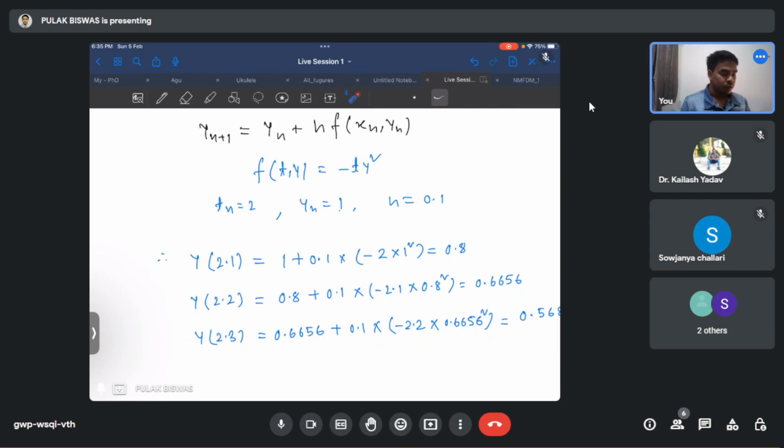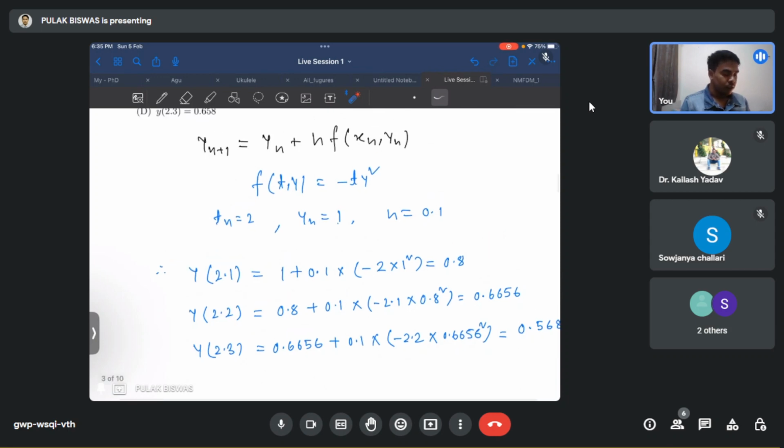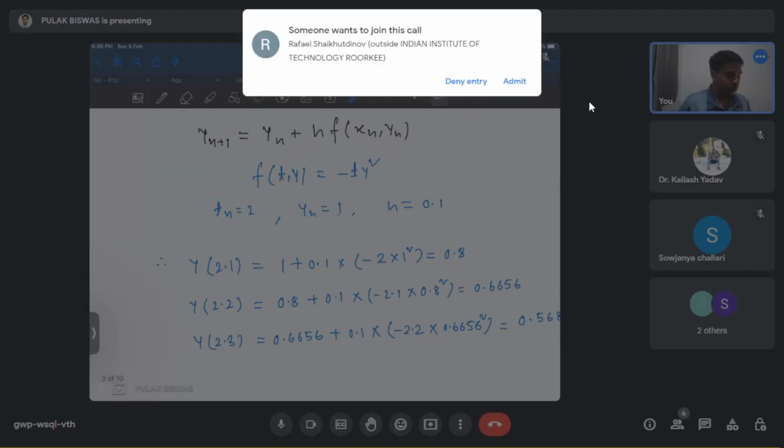So instead of yn, now we will be using the modified y. Again the formula is the same, y plus 0.1 into this, but here the time will also be modified. So this becomes 2.1 and this comes here. This is coming for y of 2.2.